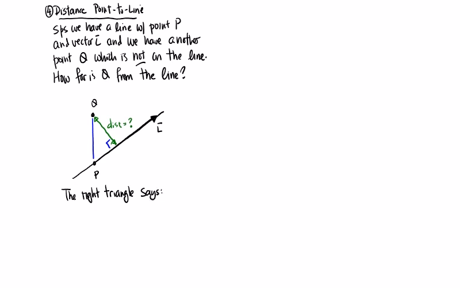That's the opposite side from theta, right? There's an angle theta in here. And so we know that the sine of theta is the opposite over the adjacent. So the sine of theta, right, the opposite is the distance. That's the thing we want. Over the adjacent, which is the distance from P to Q.